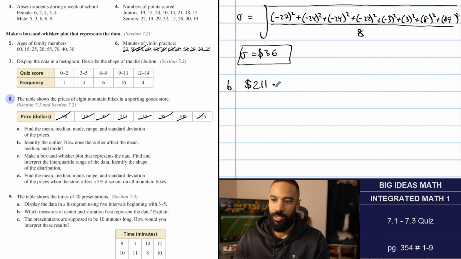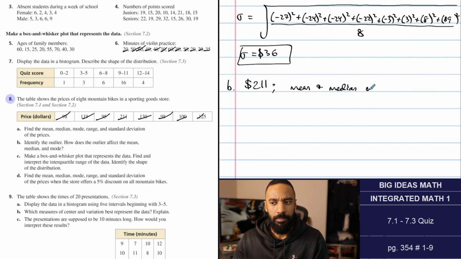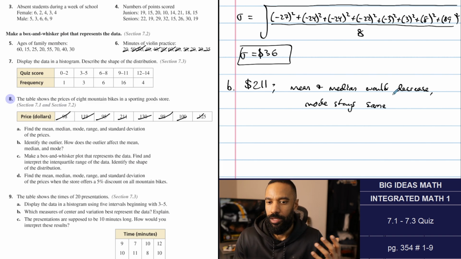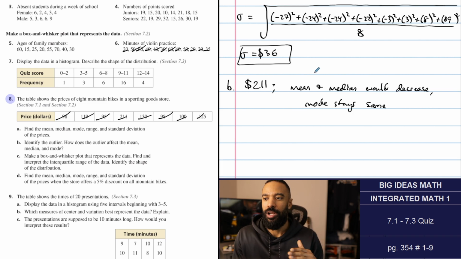So mean and median, and I don't think they ever asked us to actually compute them. Maybe at a time they did. Decrease, mode stays same. But that mean assuredly changes. I'm sorry.